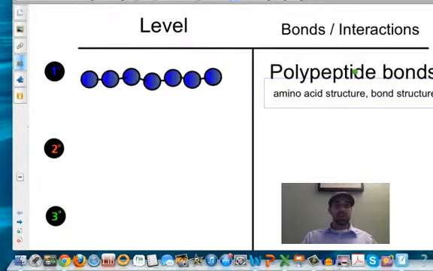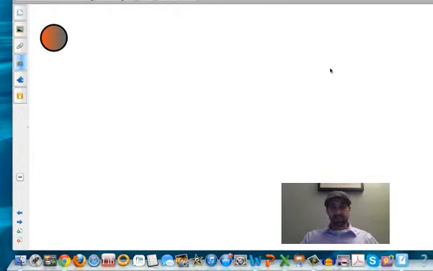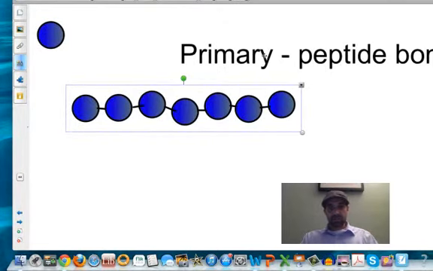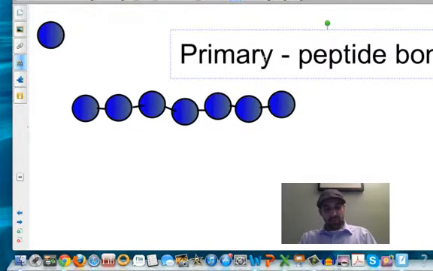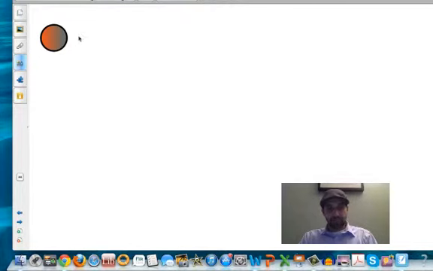Now, I'm going to move on to, we'll just copy and paste this. I'm going to move from here. That's not what I wanted to do. From primary structure to secondary structure.